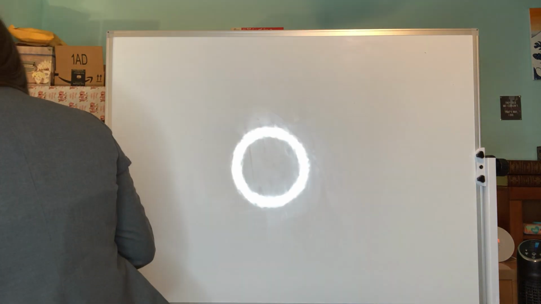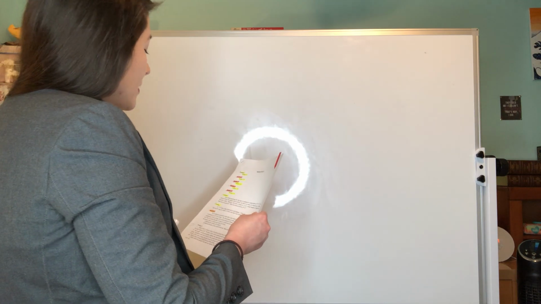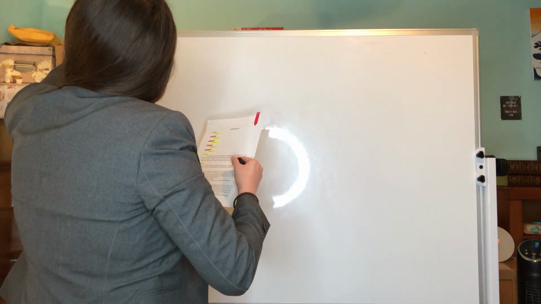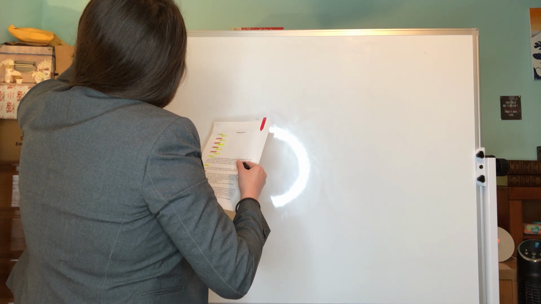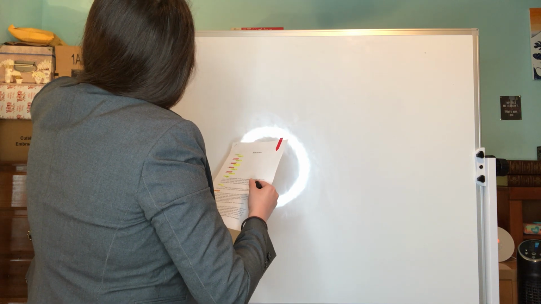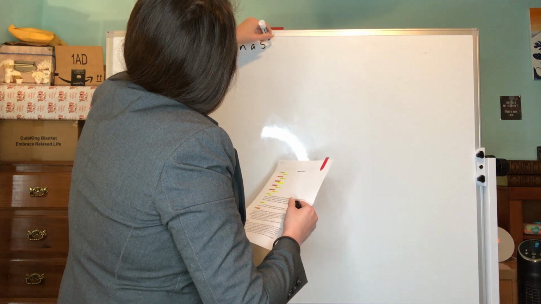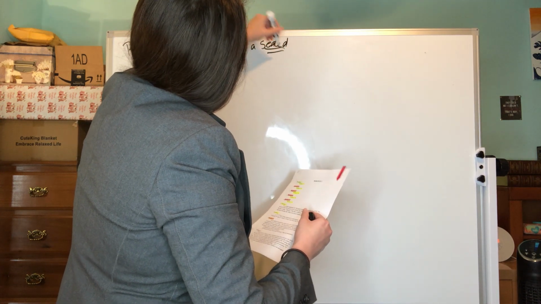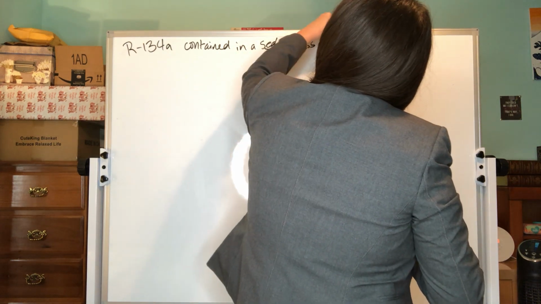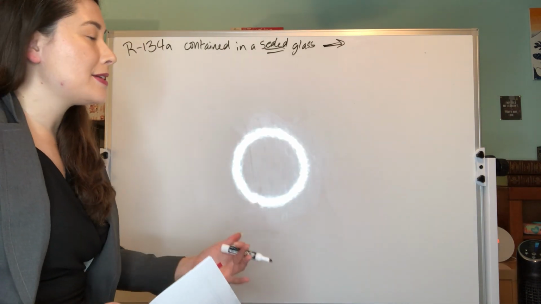So let's just start with what we know. What information are we given? So we know that we have refrigerant R134A contained in a sealed glass. Meaning if it's sealed glass, that means there's nothing going in, there's nothing coming out.